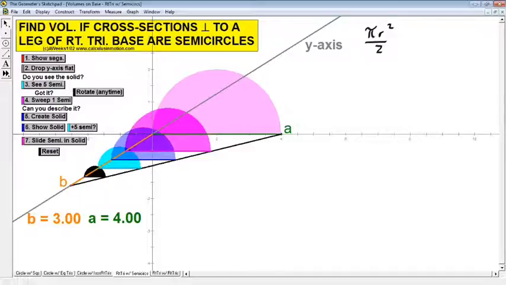Now, all these semicircles are the same, except they're different sizes. And so what does that matter to my formula? What is changing in my formula? The radius is changing.